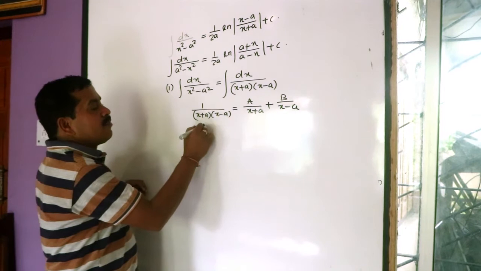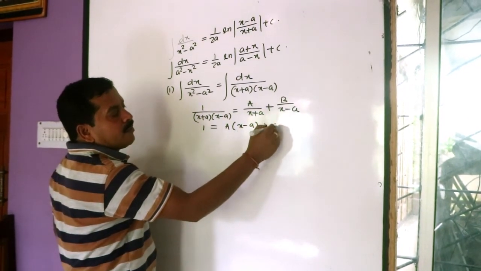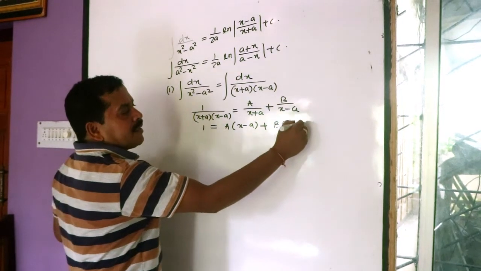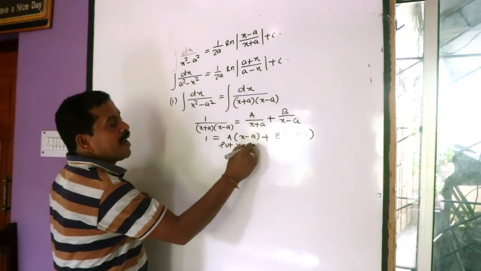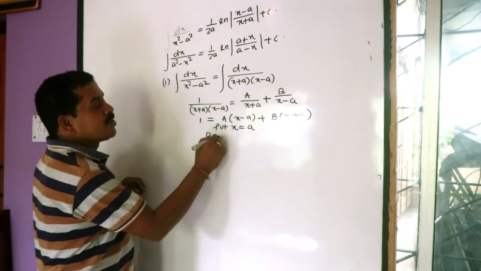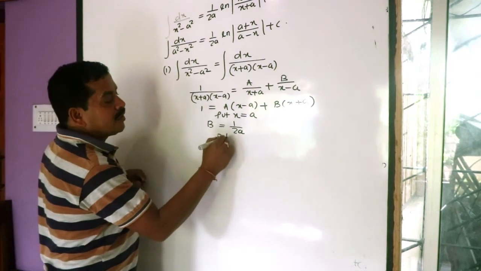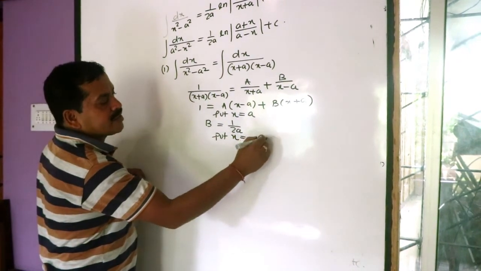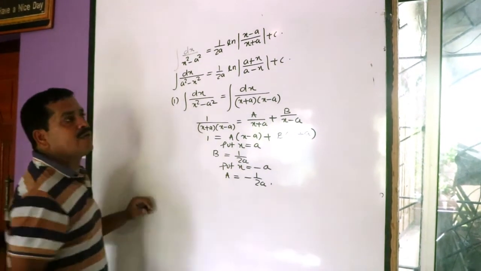Then taking LCM on both sides, A into (x minus a) plus B into (x plus a). You put x equals a, then B equals 1 by 2a. Then you put x equals minus a, we have A equals minus 1 by 2a.